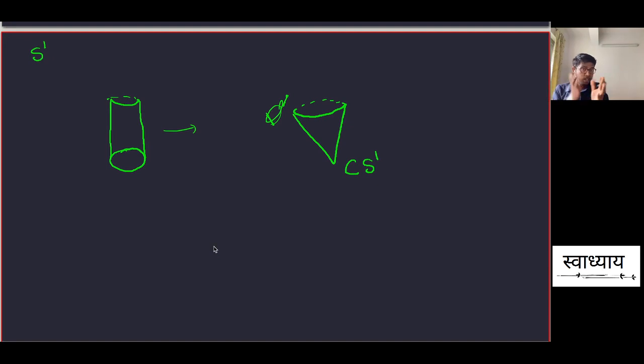What exactly is this? We want to identify it. Is this some known space? I recommend you pause the video here and try to think if the cone of the circle is some known space that you know.